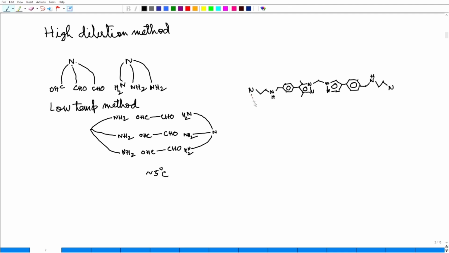I am drawing the other two bridges identical. So, I am writing here, writing like this to save time.